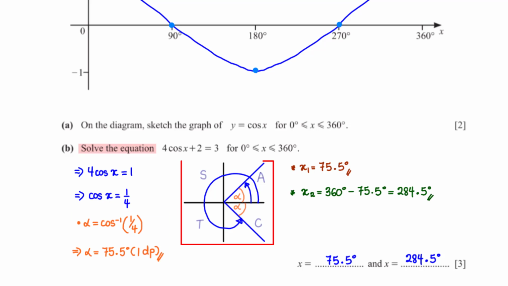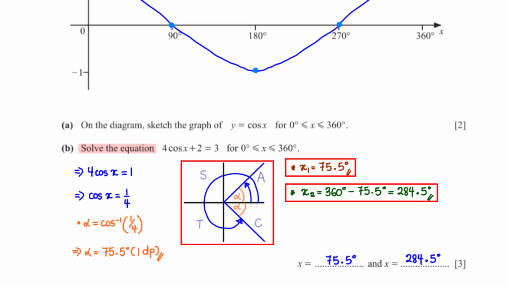So now we draw the quadrants and measure alpha from the horizontal axis in the quadrants where cos x is positive. When we go round the quadrant the first time, x equals alpha, which is 75.5 degrees. When we go round the quadrant the second time, x equals 360 degrees minus 75.5 degrees, which is equal to 284.5 degrees.